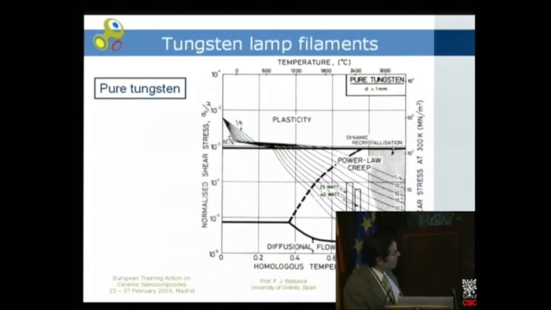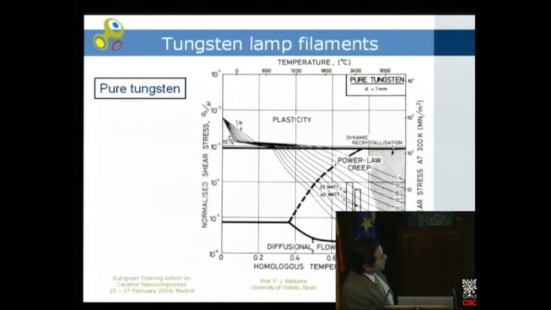The main important point is that this is 10 minus 9. You have to remember that the strain rate must be lower than 10 minus 9, and there are a lot of conditions in which, of course, this is not accomplished. So there are a lot of conditions in which the strain rate is much higher than 10 minus 9, so the lamp will last not 1,000 hours, but much less.